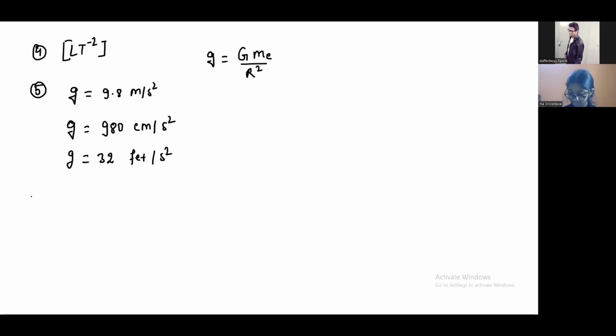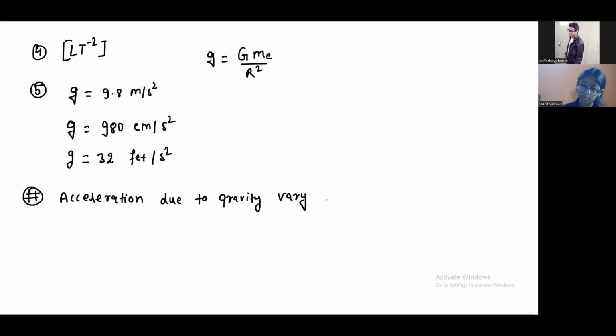Now the next topic. Write down: acceleration due to gravity varies due to the following factors.